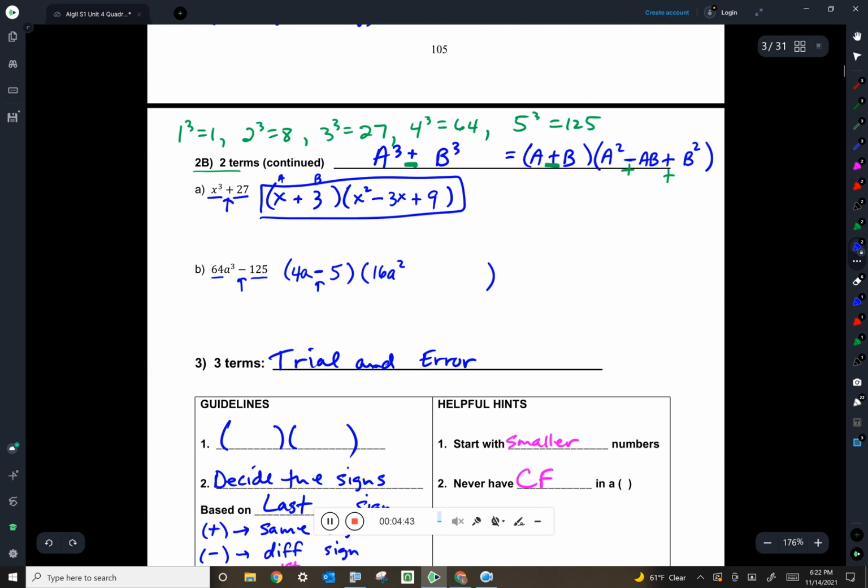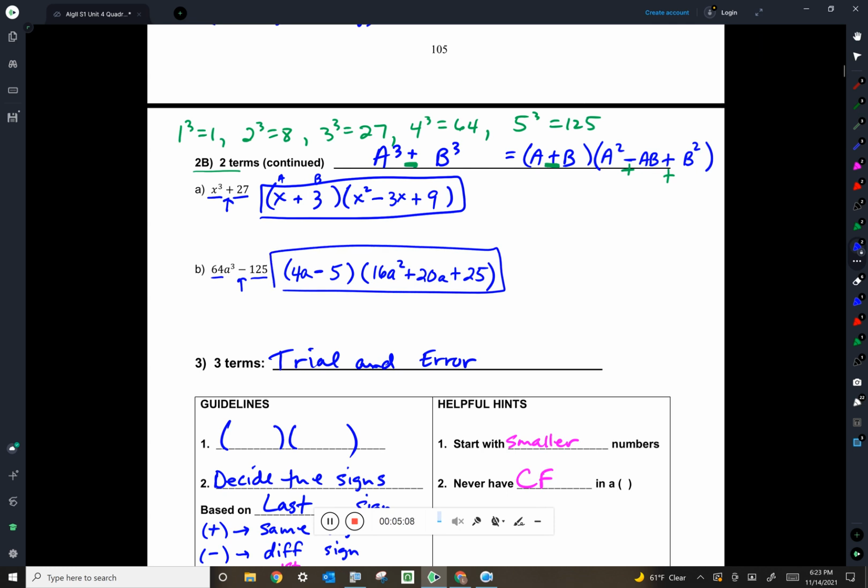Since this is a minus, I want the opposite, so plus. The middle term is a times b, so 4a times 5 would be 20a. And then the last one is always a plus, and 5 squared is 25. Again, I know it's ugly, but I don't have to check anything. I just fill into the formula.